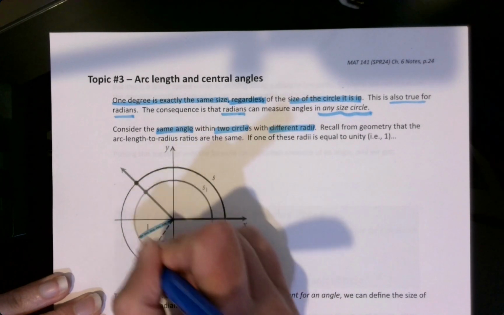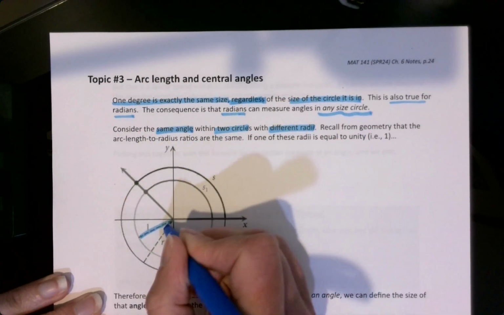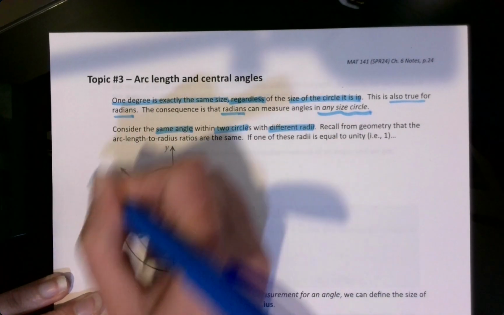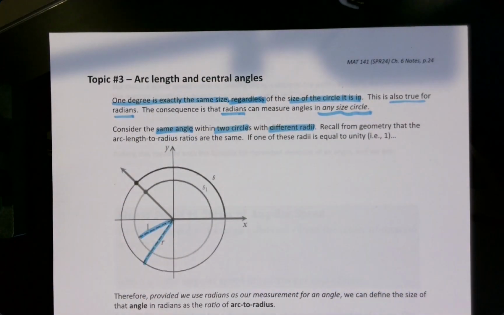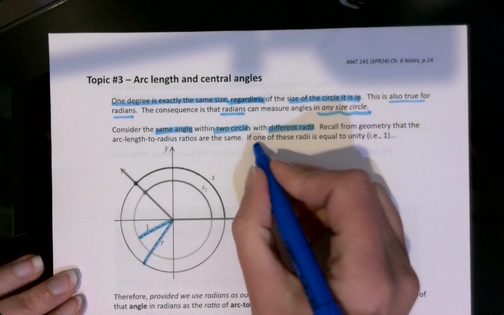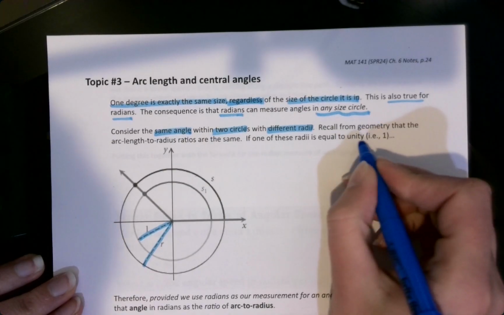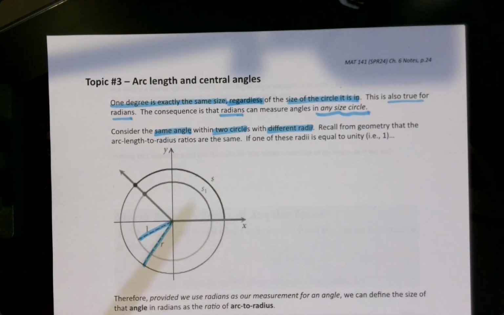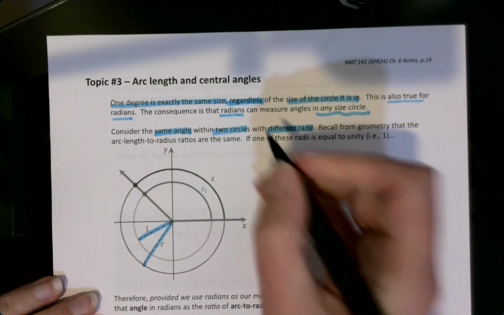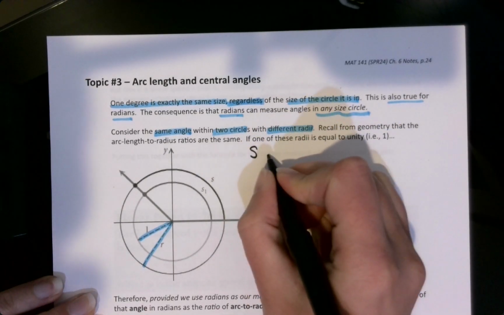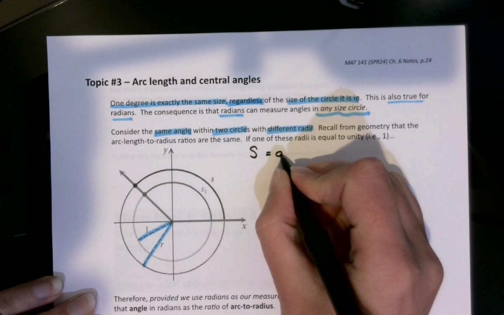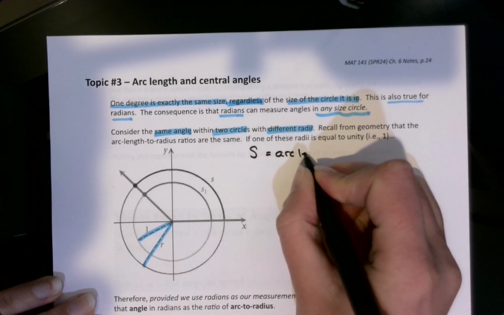So this first circle is the unit circle, and then R, the second circle, has some larger radius. Okay, so one of these radius is 1, one is not. S is the symbol for arc length. I'm not sure why the letter S got chosen for that, but it is. So S is the symbol that we would use for arc length.